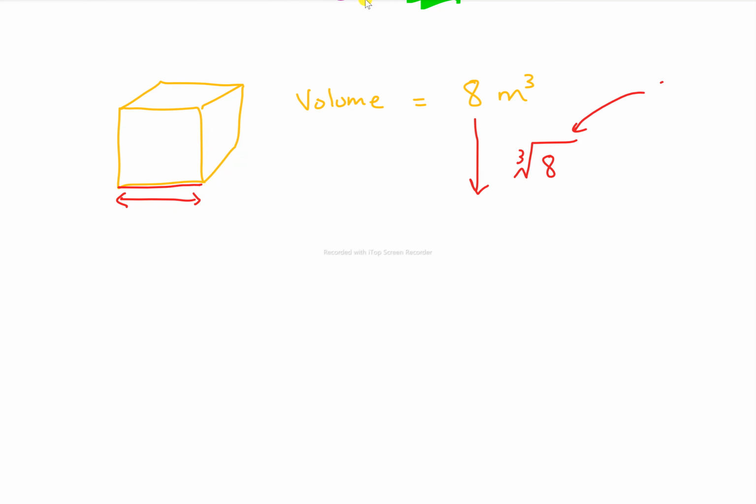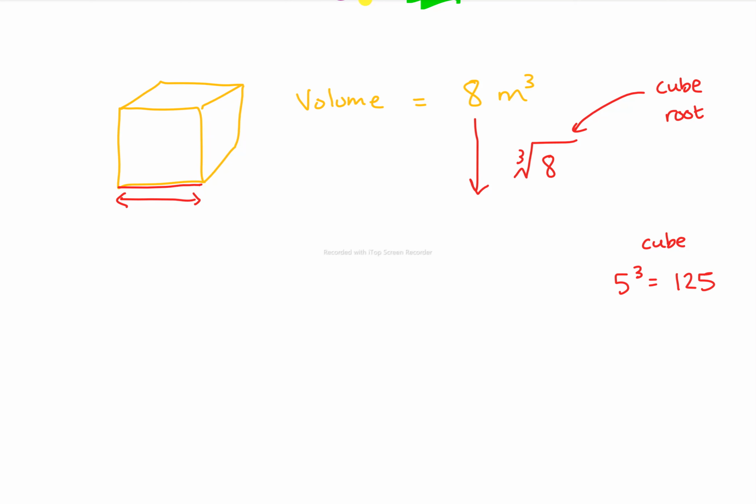This thing is called the cube root. It's the opposite of the cube operation. So if I said to you 5 cubed is 125.